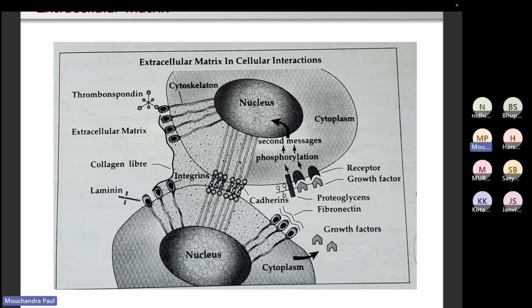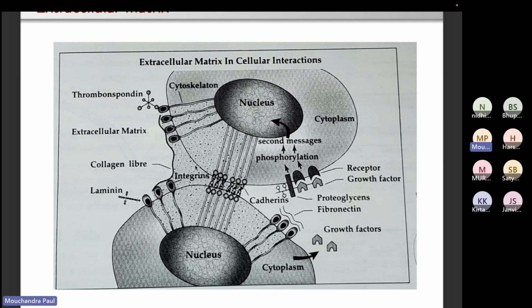And there is also direct cell-cell communication. This again takes place through a special kind of receptors called cadherins. These are special receptors that can detect the presence of some kinds of growth factors, so it is then doing cell signaling. This is also one kind of ECM component.